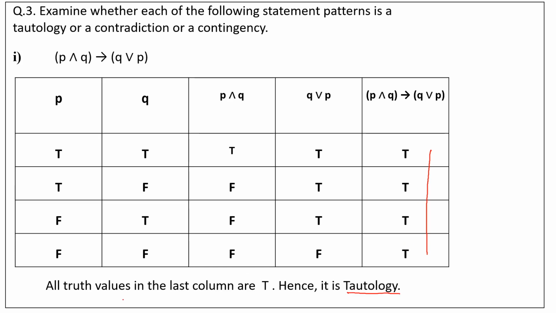So you have to write here the conclusion. See, here we have to mention whether it is a tautology or a contradiction or a contingency. If this example asks for 3 marks, then 2 marks for this table and 1 mark for this.